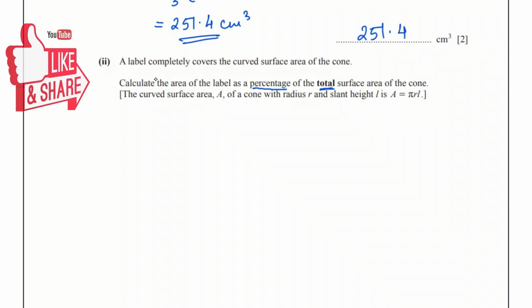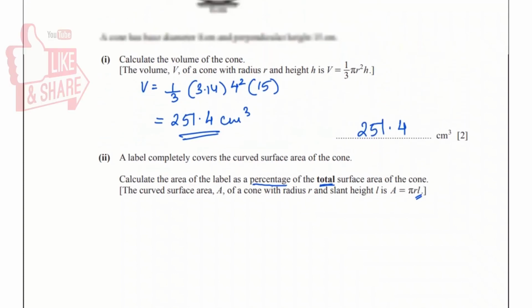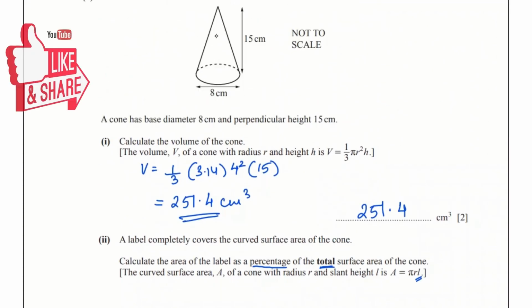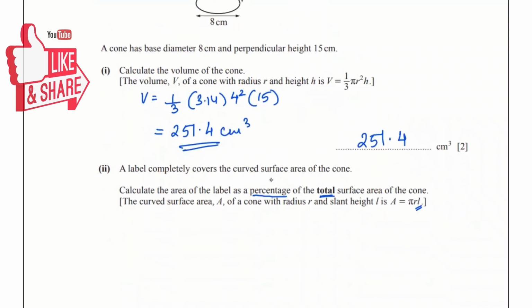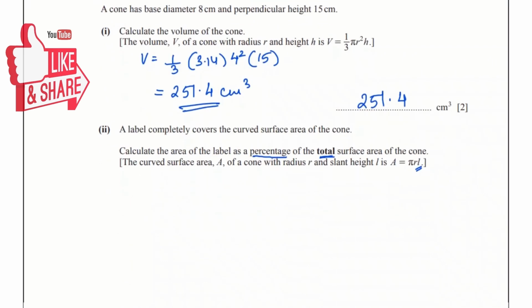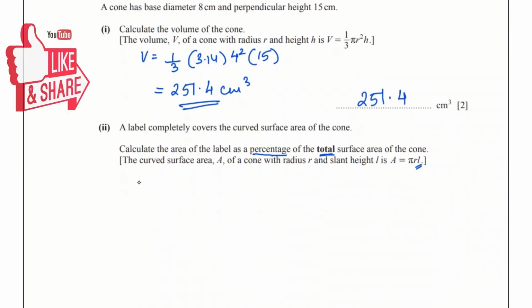So firstly we'll have to find out L, the slant height, for our value pi r L. Its formula is L square equals h square plus r square.